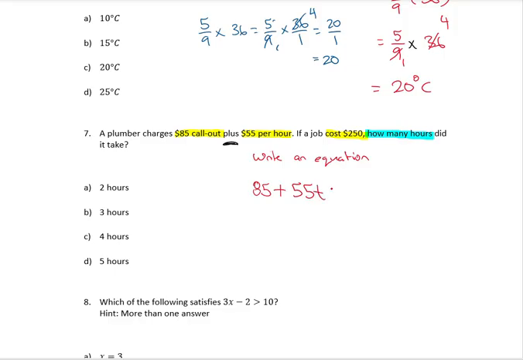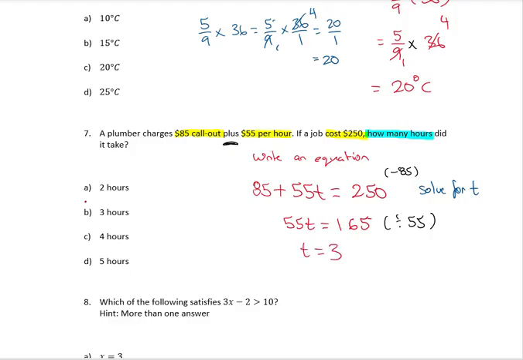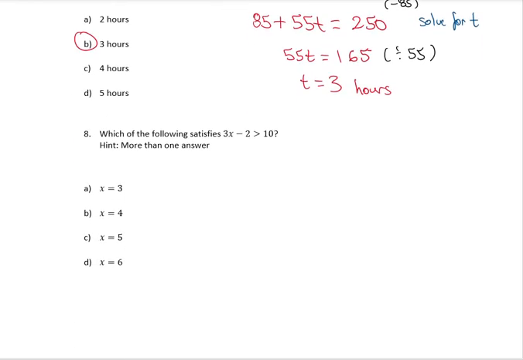So I'm just going to do 55T equals 250. The question is asking how many hours, so I need to solve for T. So this will be 55T equals 250 minus 85. Now you divide both sides by 55. T equals 3 hours. Okay. It's more of a trial and error kind of vibe, okay?